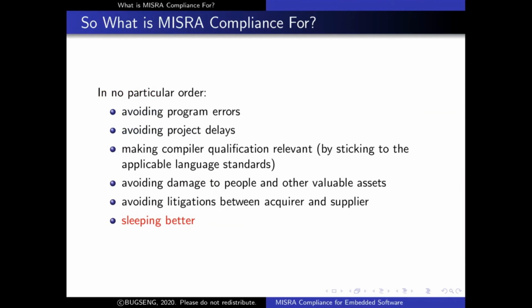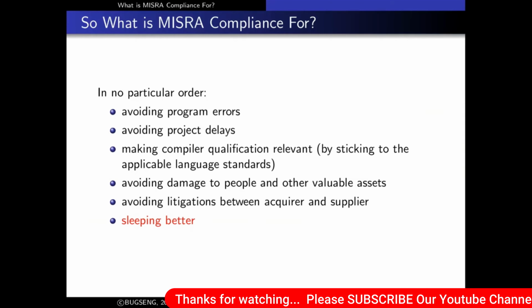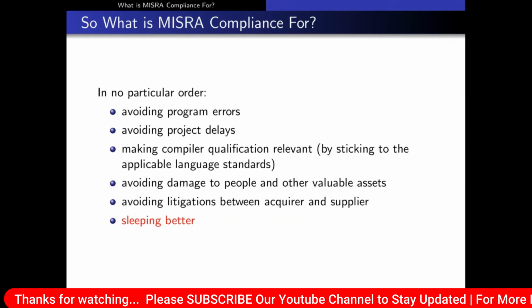So what is MISRA compliance for? In no particular order, it allows avoiding many programming errors, and it avoids project delays, because the programming errors that maybe are discovered only during the testing phase cause project delays very often.